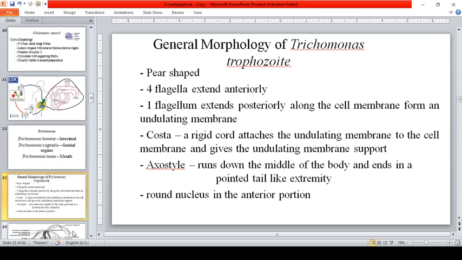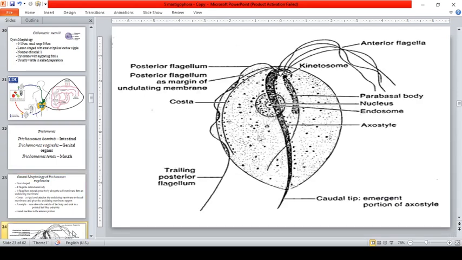Round nucleus in the anterior portion, and the axostyle runs until the last part, the extremity.